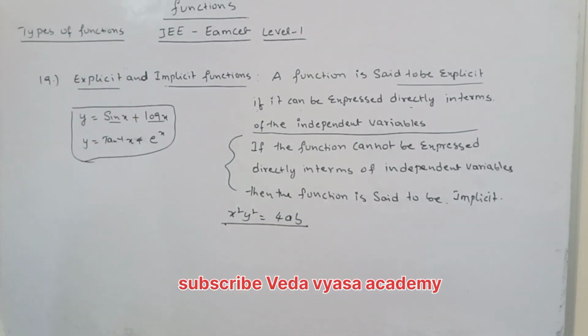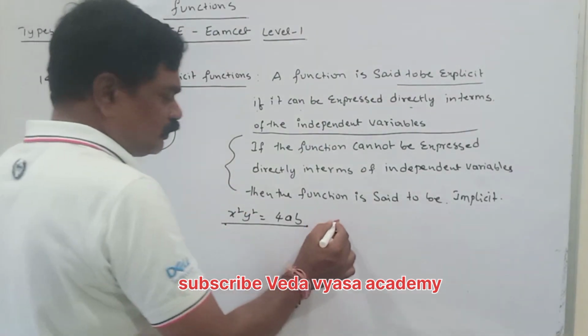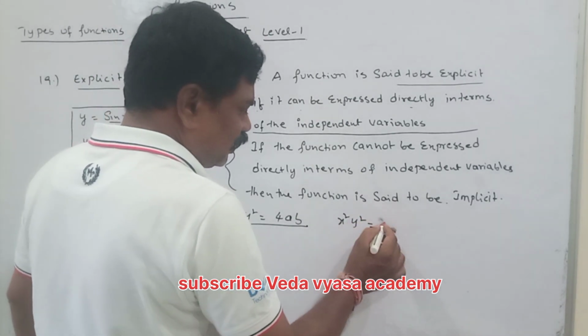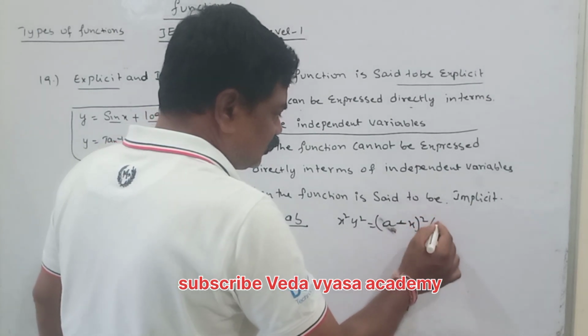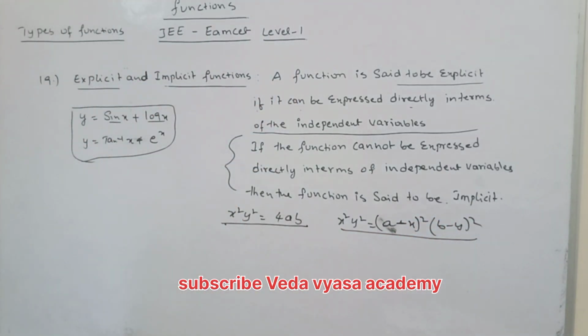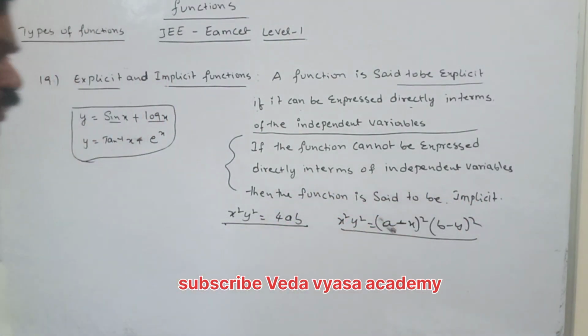This function is an implicit function. So x square y square is equal to a minus x whole square into b minus y whole square. This type of function is an implicit function. These are the explicit and implicit functions.